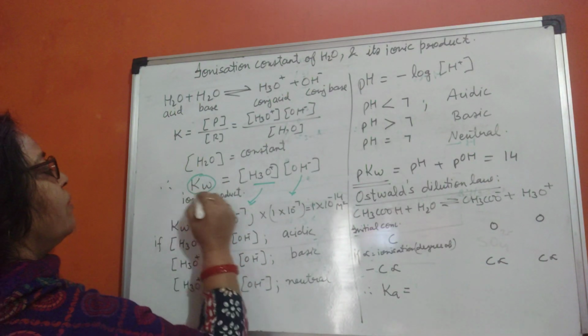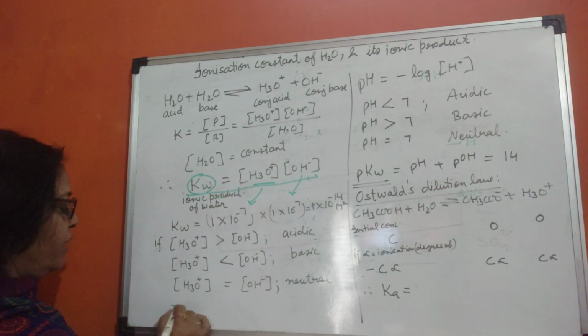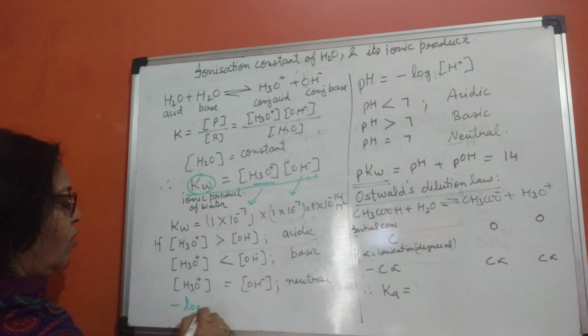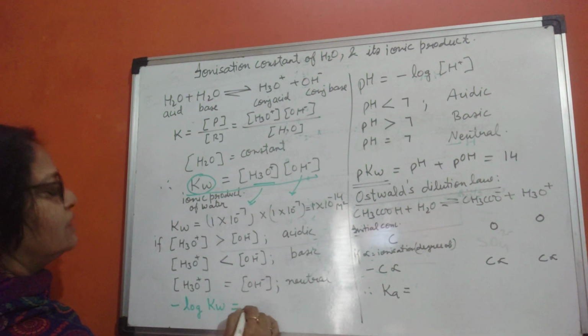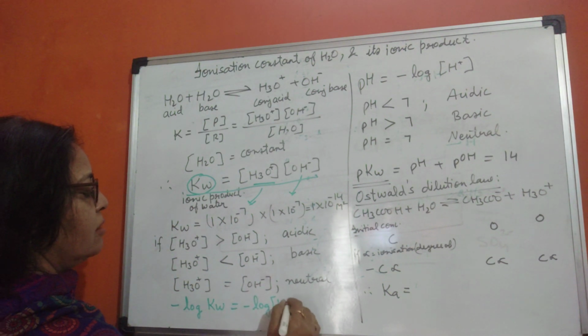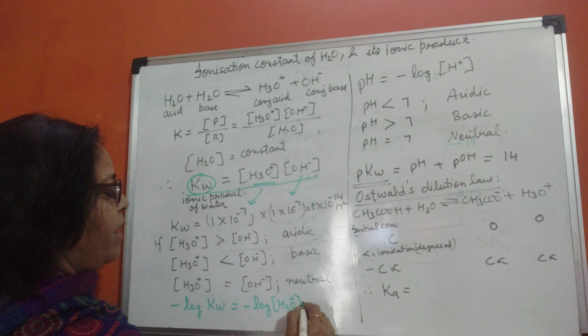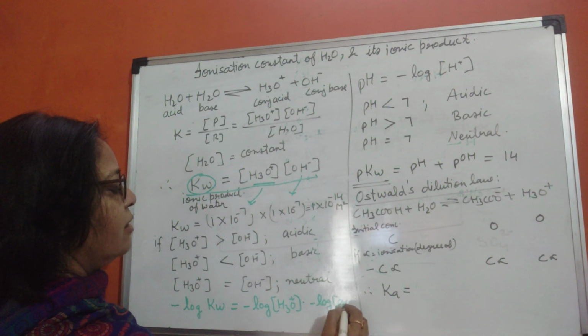Now from this equation, if we take a log on both sides, we have minus log Kw equals minus log hydronium ion concentration minus log OH ion concentration.